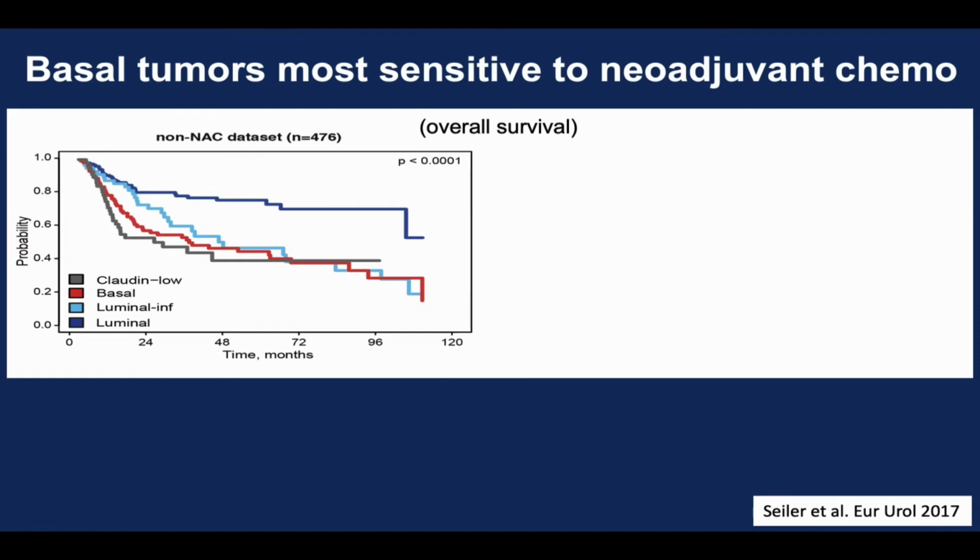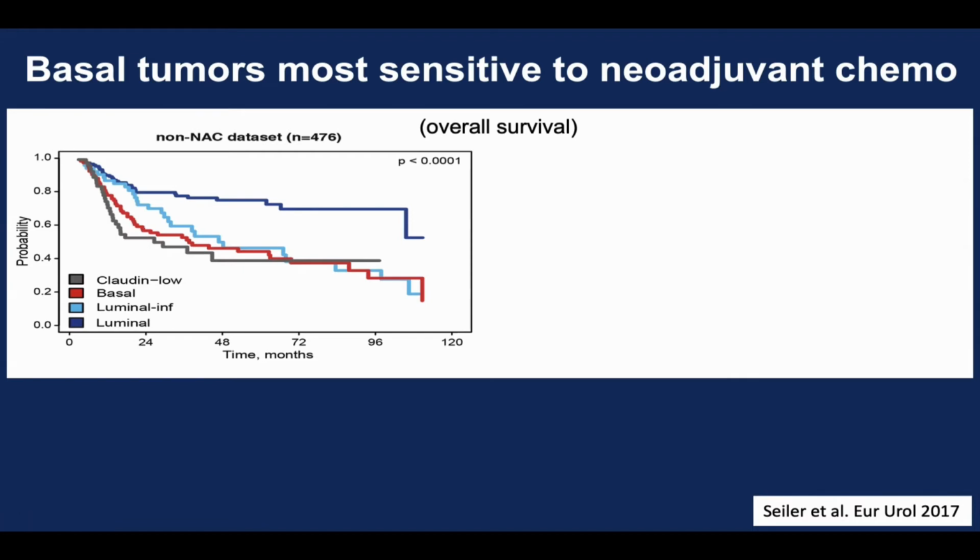So they're unlikely to be upstaged at time of cystectomy. And so you see these consistent trends across all data sets. So luminal is generally a positive or a favorable group. The other groups are all more or less similar. They had relatively poor outcomes without chemotherapy.